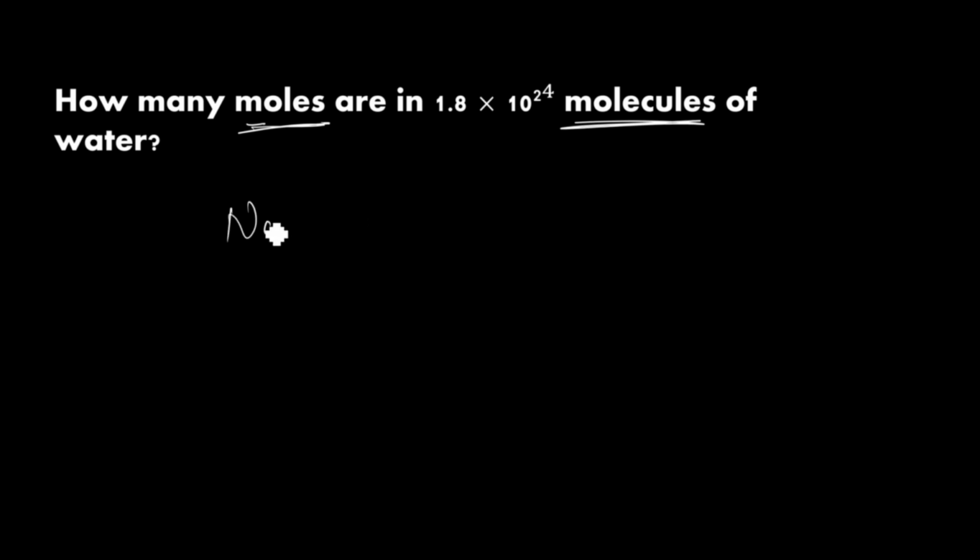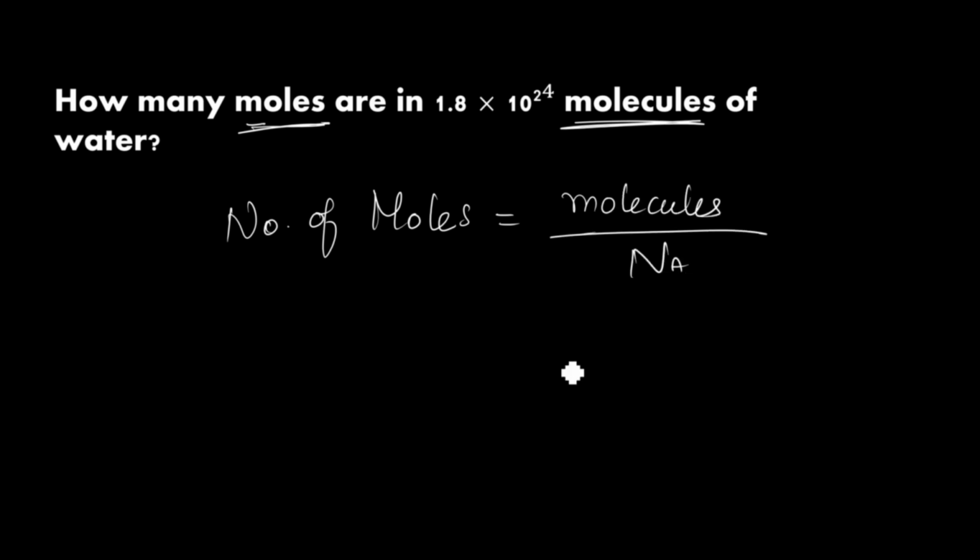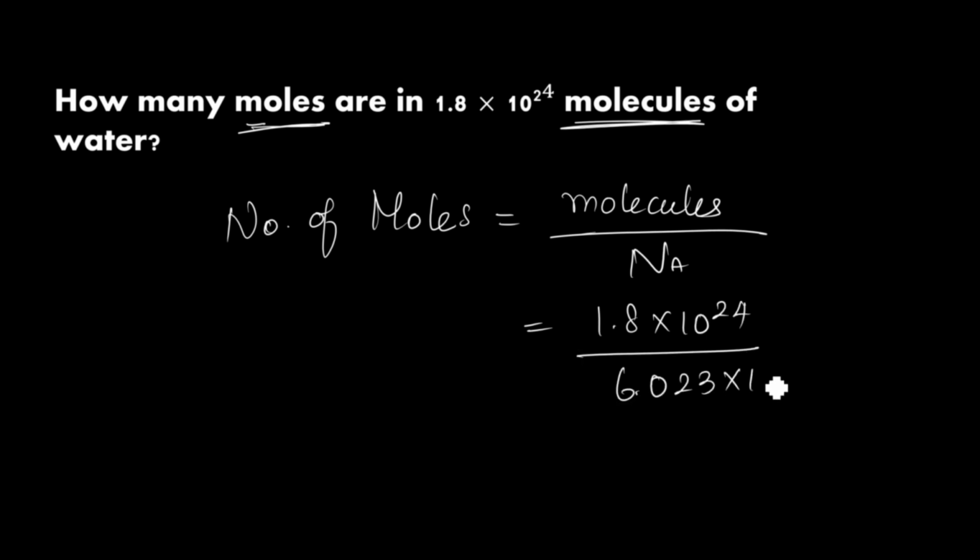Number of moles equals number of molecules divided by Na, which is 1.8 into 10 to the power 24 divided by 6.023 into 10 to the power 23. That comes out to be 2.99, approximately 3 moles. That's why I told you that chart is very, very important.